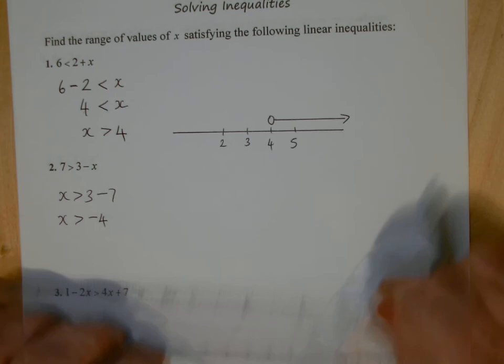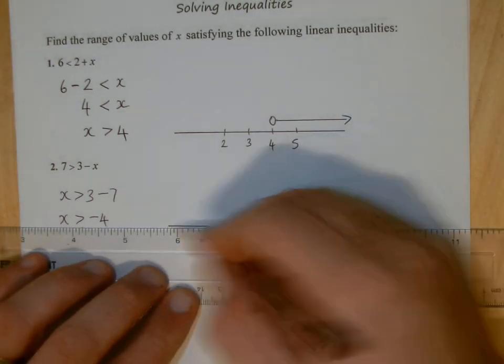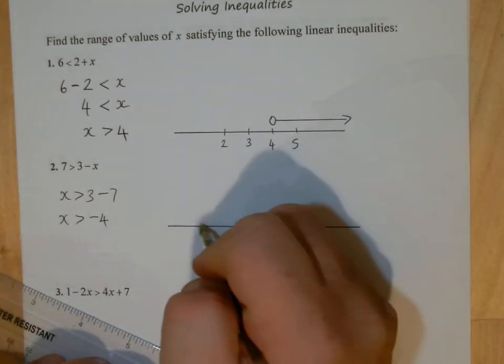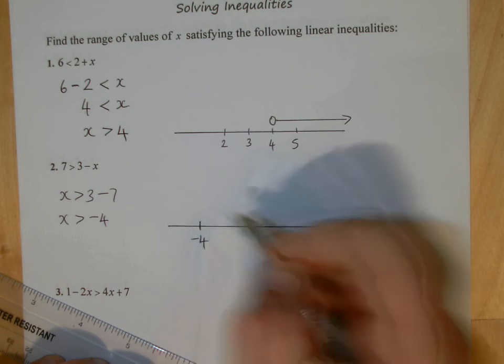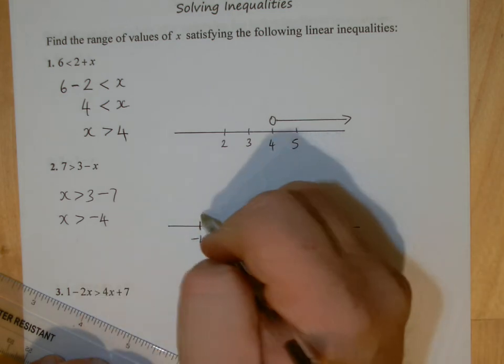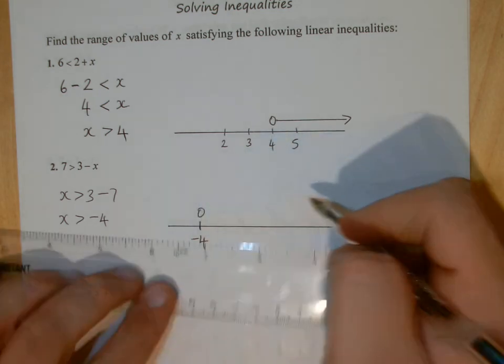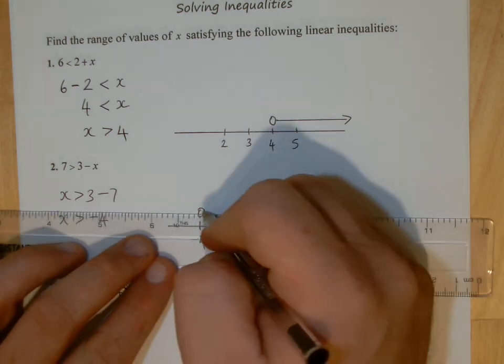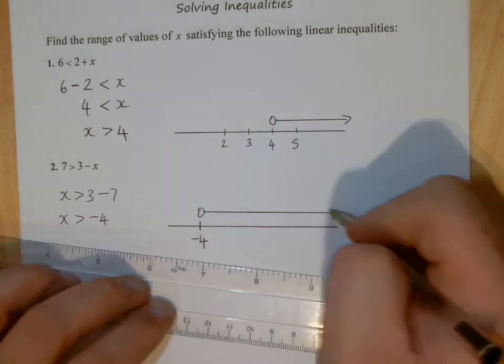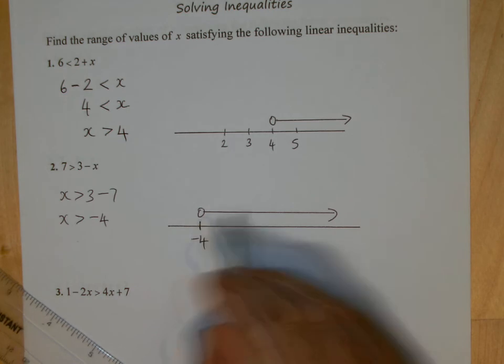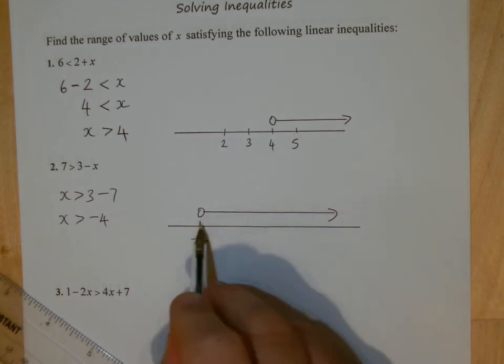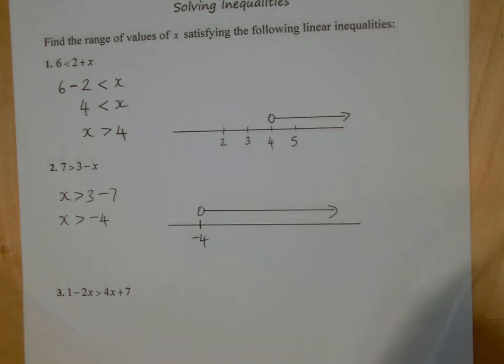Similar situation with our number line, except this time we'd be focused on the minus 4, and x has got to be more than minus 4. So again, the circle, we won't fill it in. Anything from minus 4 onwards can't include minus 4, but everything above minus 4 all the way to infinity.